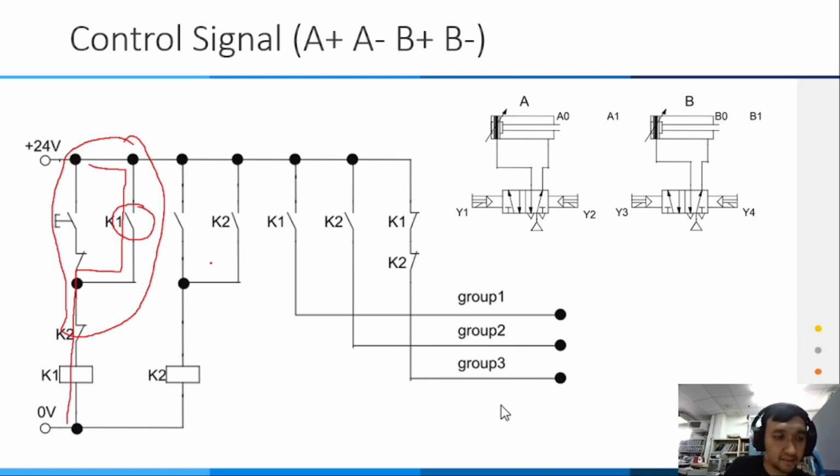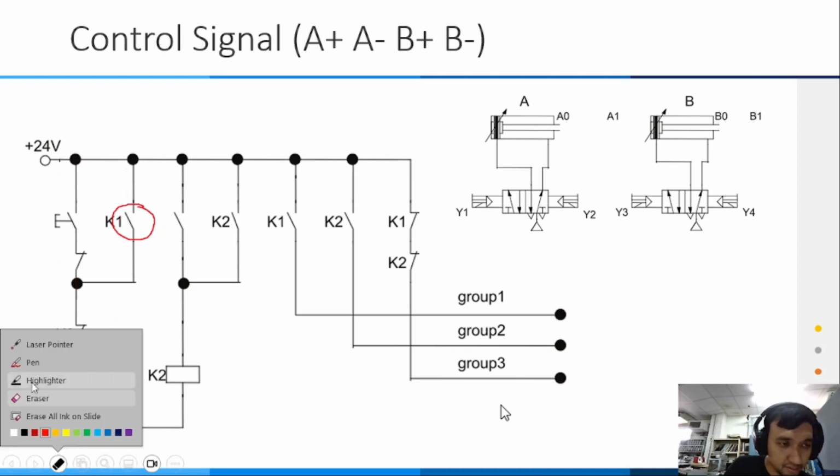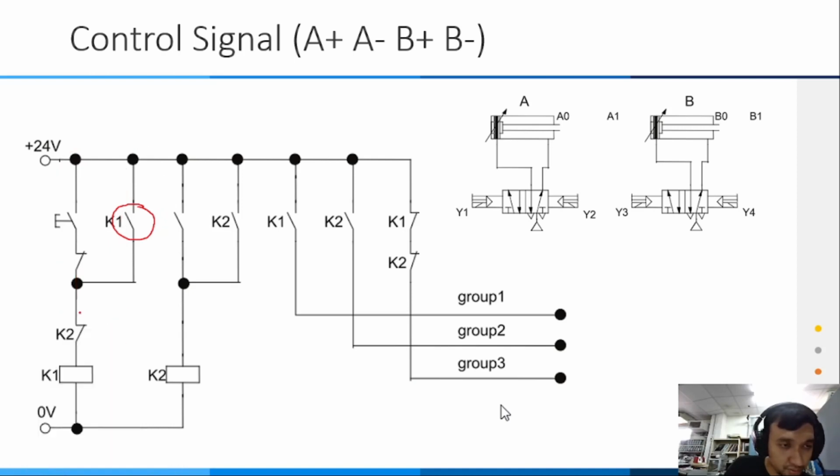Okay, this line can be turned off by activating relay K2, because we have the normally closed relay K2. If relay K2 is active, this switch will be open and this line will be an open circuit.